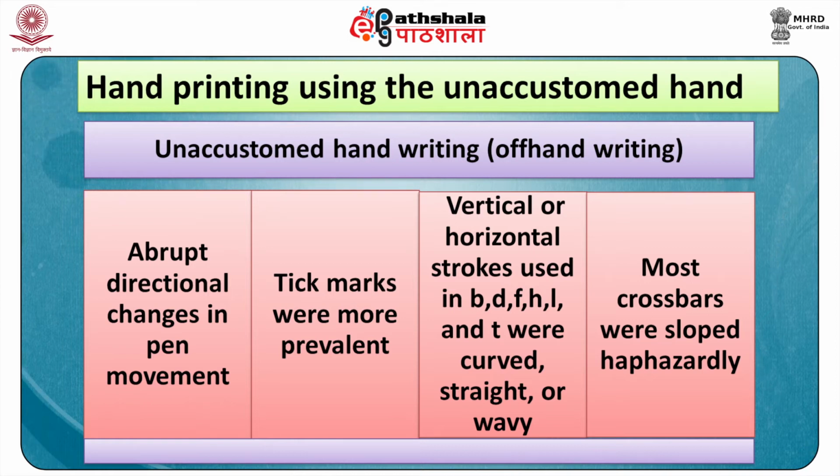Vertical or horizontal strokes used in the staffs and crossbars of letters like B, D, F, H, L, and T were curved, straight, or wavy, and most crossbars were sloped haphazardly.